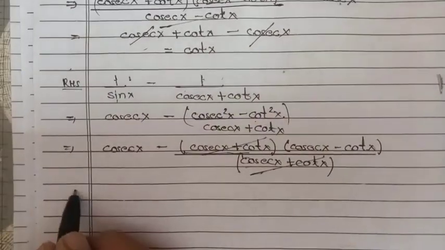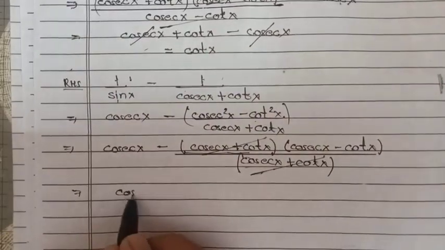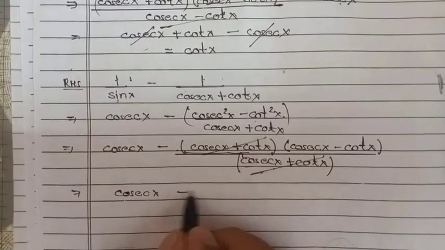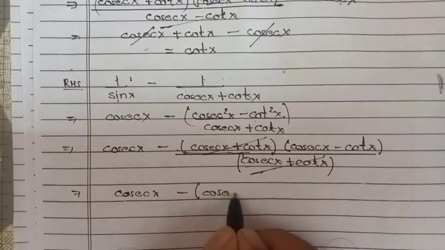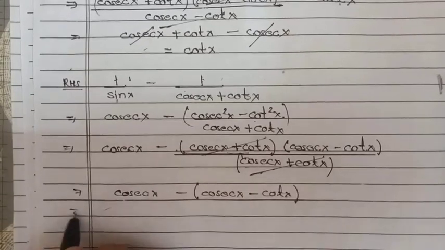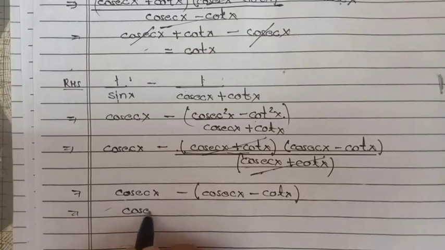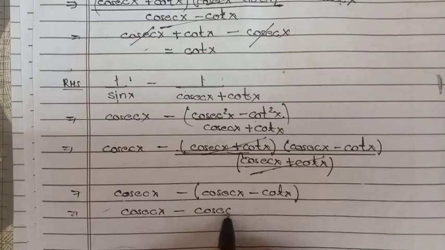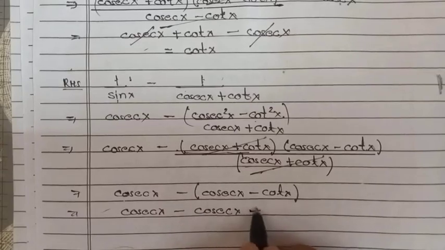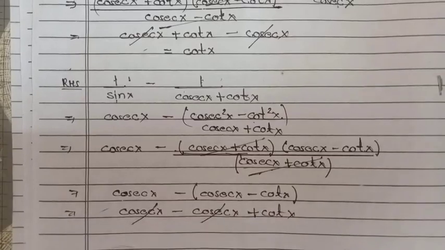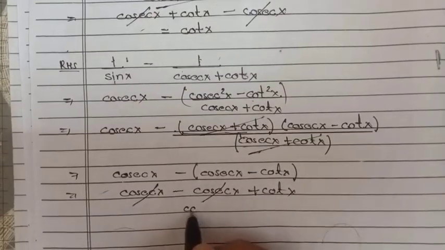So what we are left with is cosec, and now if you open this bracket, you are minus this. So let's open the bracket here. When you open the bracket, you are getting minus cosec minus minus plus cot. Cosec will cancel out, so you are left with cot x.